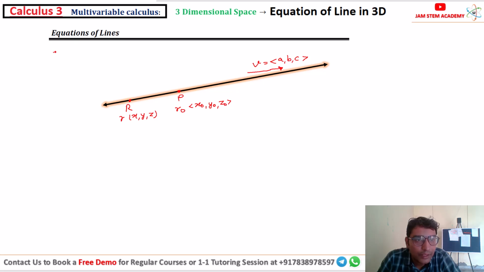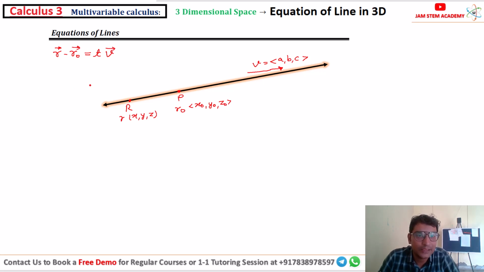So I can say R minus R naught, because R is the general point and R naught is the given point, this vector is going to be equal to some scalar multiple of the V vector. That's it.